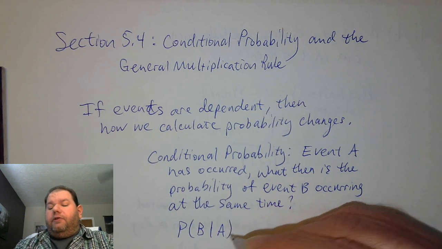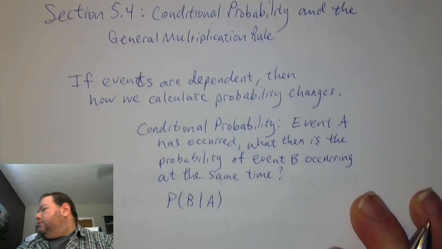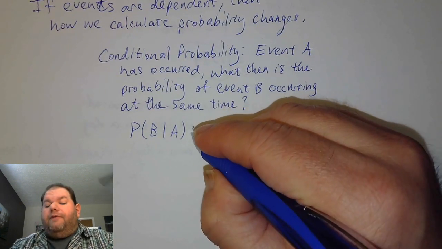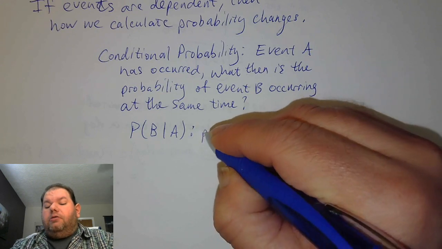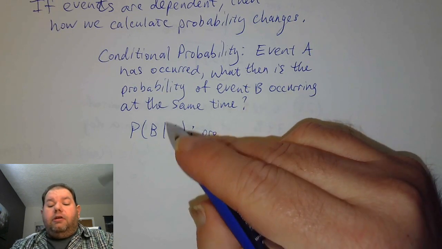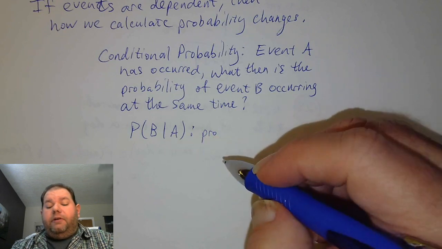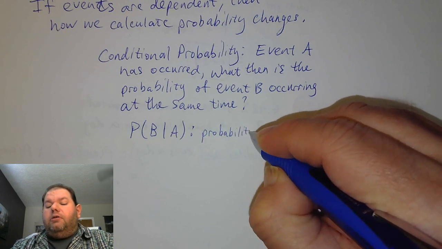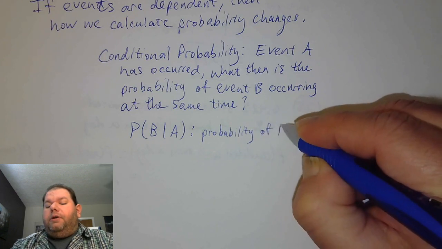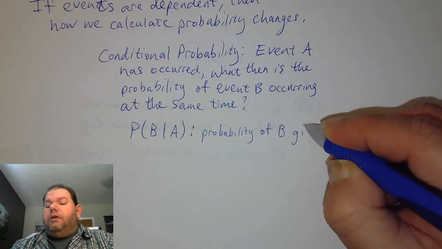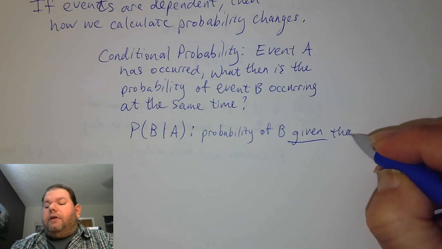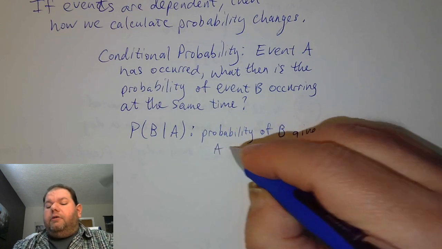So the probability... Well, first of all, this is our notation. This is the probability of B given, that's what the vertical bar means. So probability of B given that A has occurred.